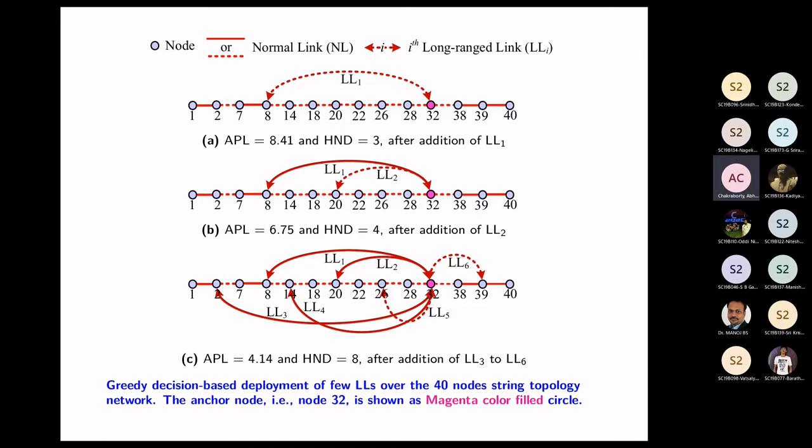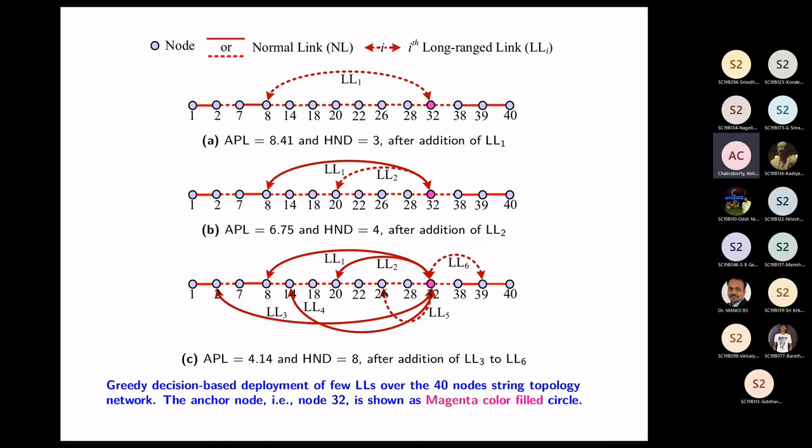The main thing we have seen while experimenting with this near-optimal link addition algorithm is that the first link, LL1 in the top figure, which is long link 1, is connected between node number 8 and node number 32 in this 40 node network. If 40 is the n value, then 8 is nothing but 0.2n, since 0.2 of 40 is 8, and 0.8 of 40 is 32.